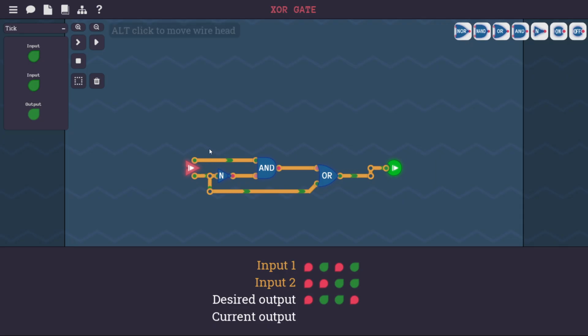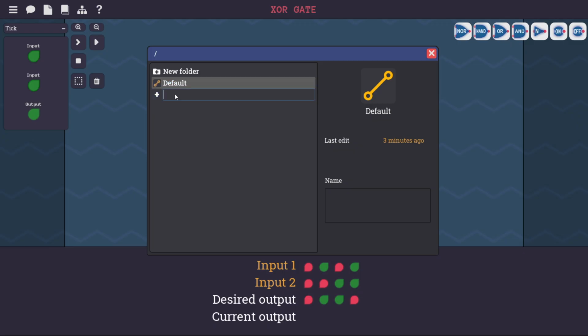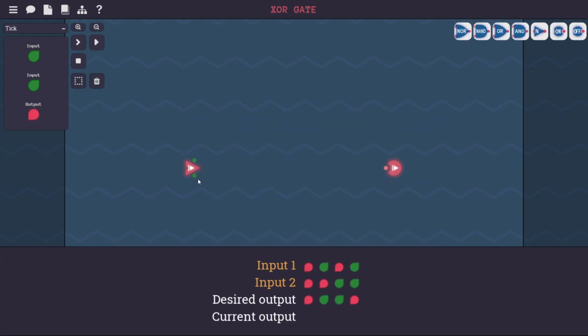So we can't have inputs being the same. Okay, so I don't know if, okay, let's start over on another one and see if we're able to do a proper XOR.